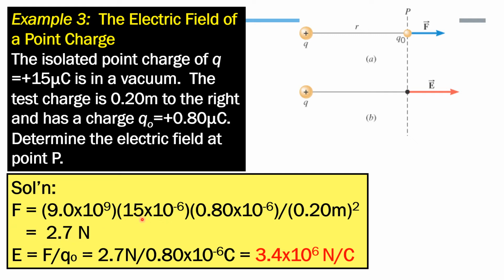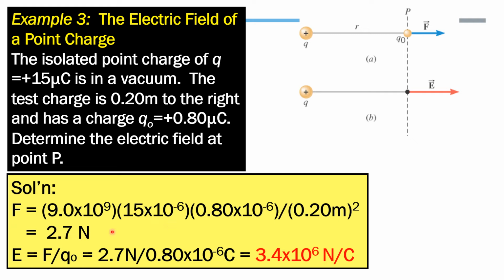Take note that in substituting in the formula, you have to convert the given charges from microcoulomb to coulomb. All the quantities have to be expressed in SI unit before doing your multiplication and your division. So we get 2.7 Newton.